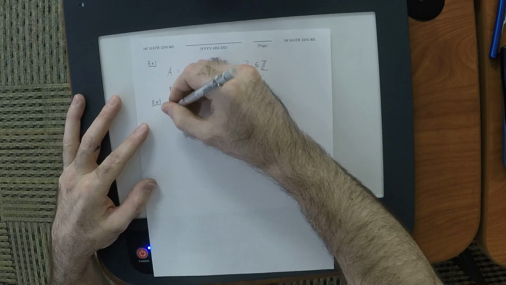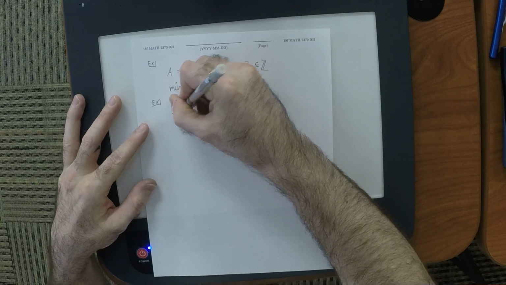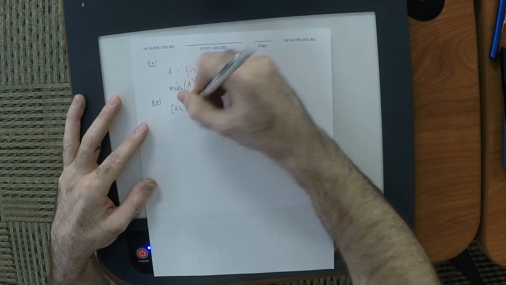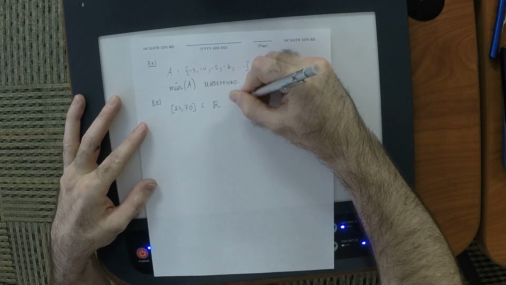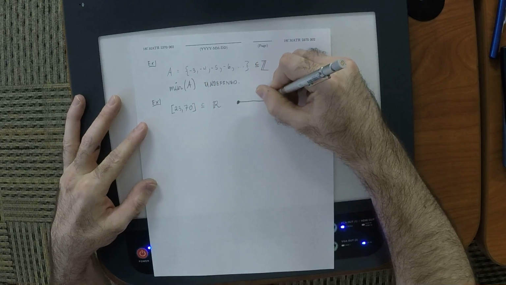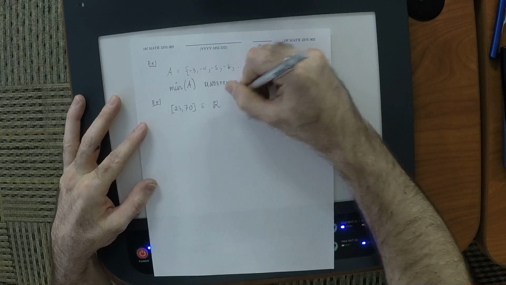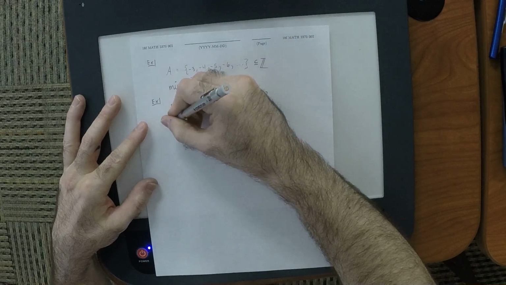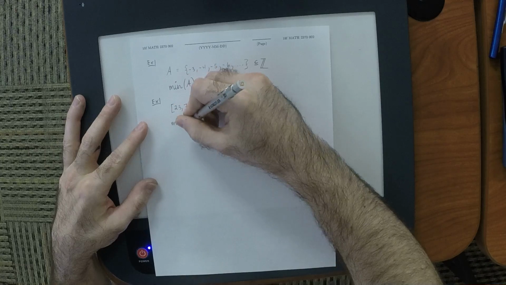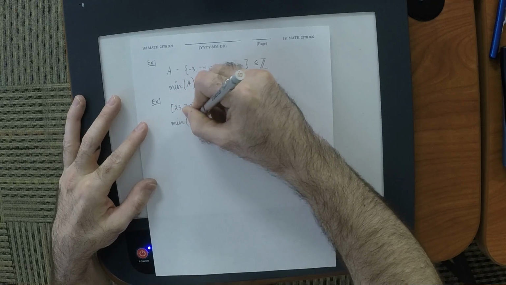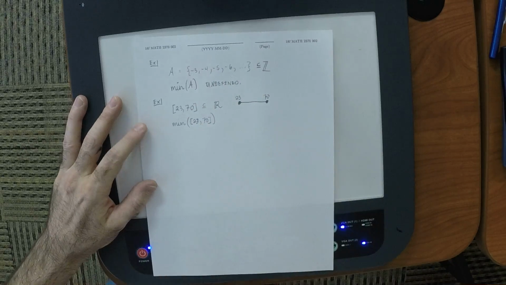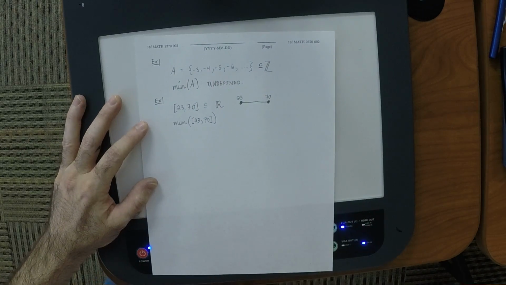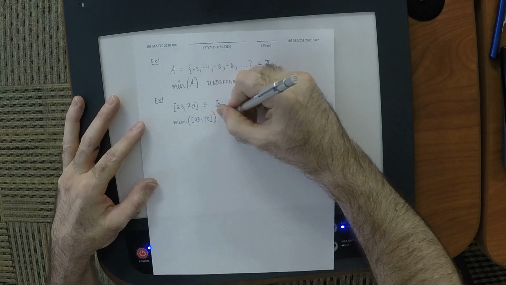How about the set 23, 70, construing this to be a subset of the reals, which is to say this one. Does that set have a minimum? It does, right? It's 23.